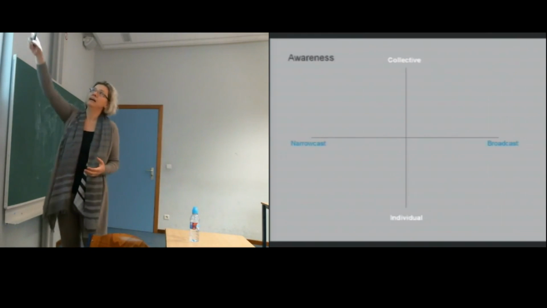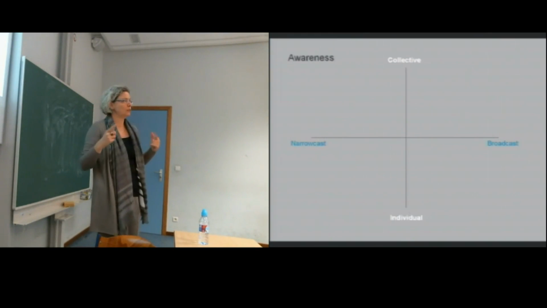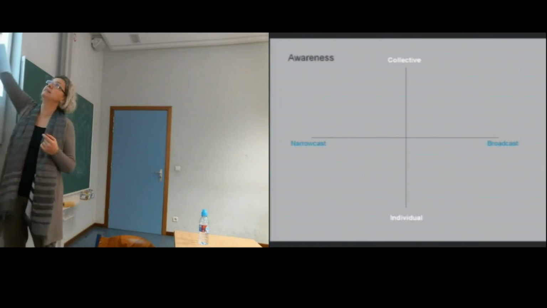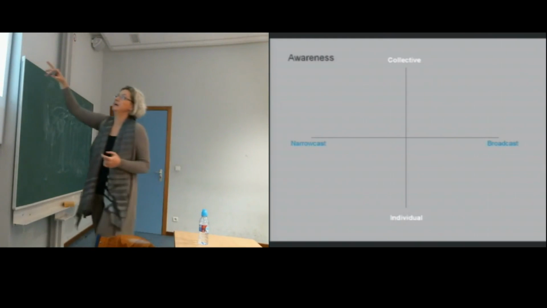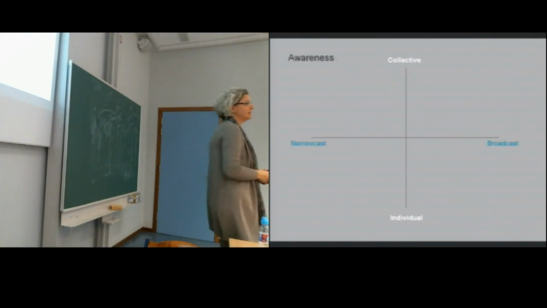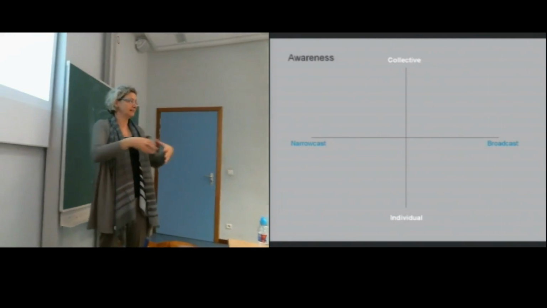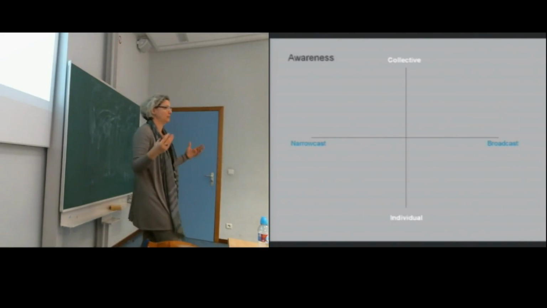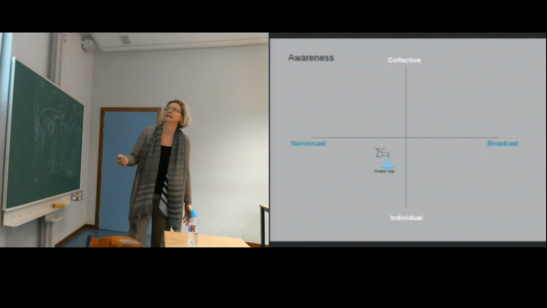So here I did another graph that deals with the level of awareness, and what I mean here with awareness, it's an awareness between the individual and the community, the individual and the collective, and narrowcast and broadcast, it's from your article, and it speaks about the information, if it's being broadcasted locally or in a way that every agent connected to the medium actually perceives it immediately, almost instantaneously.